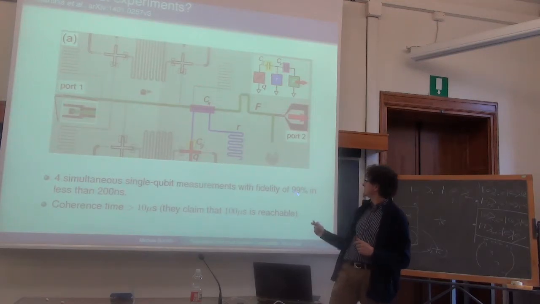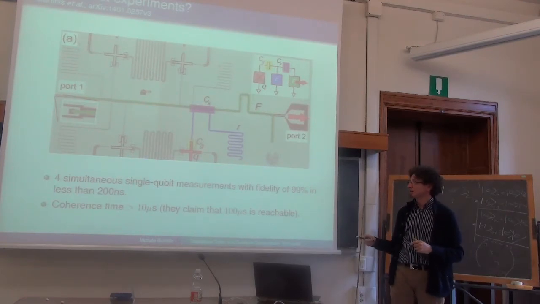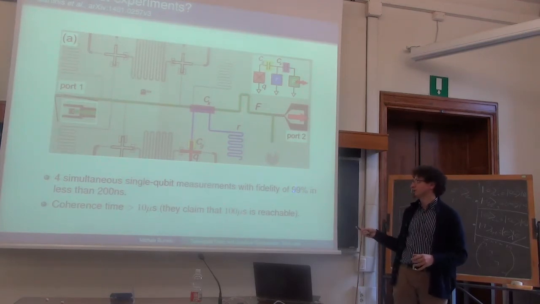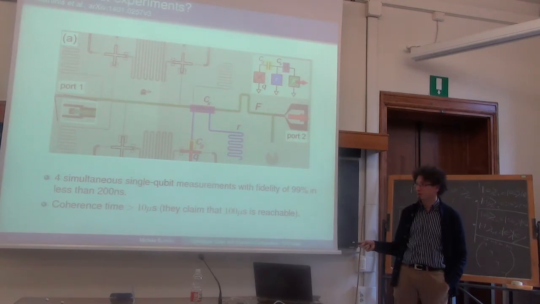But if you want the data, in this particular setup they managed to obtain 4 simultaneous single qubit measurements, which is usually difficult to apply all at the same time, with an error around 1%, not so distant from that 0.008, in a time of 200 nanoseconds, which you have to compare with the coherence time of the system, which is much longer.